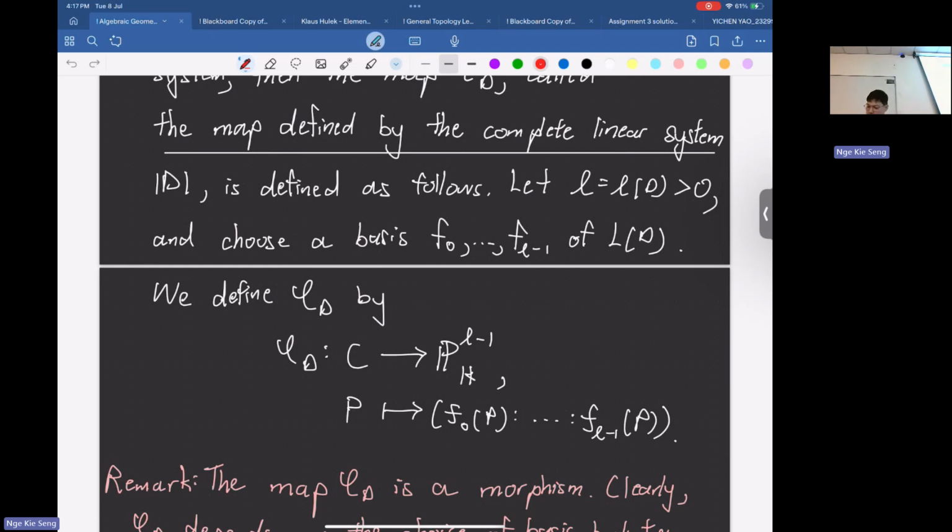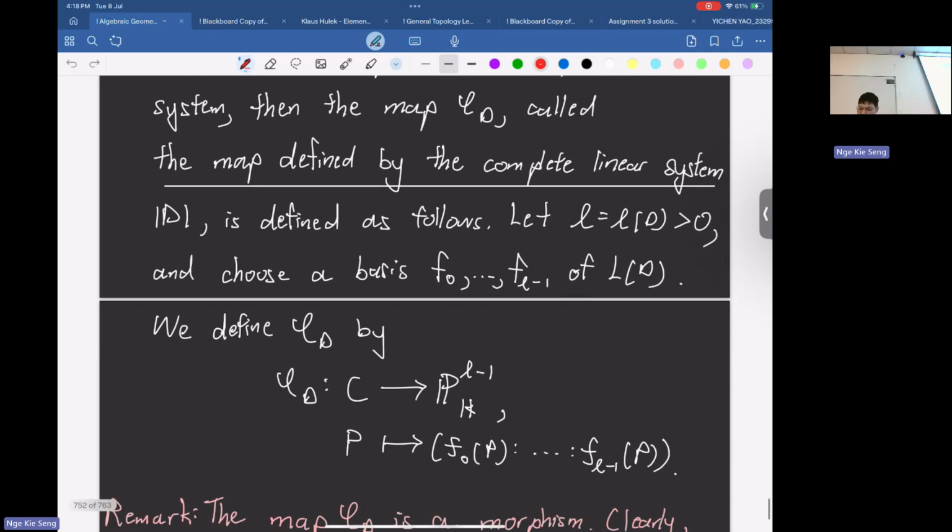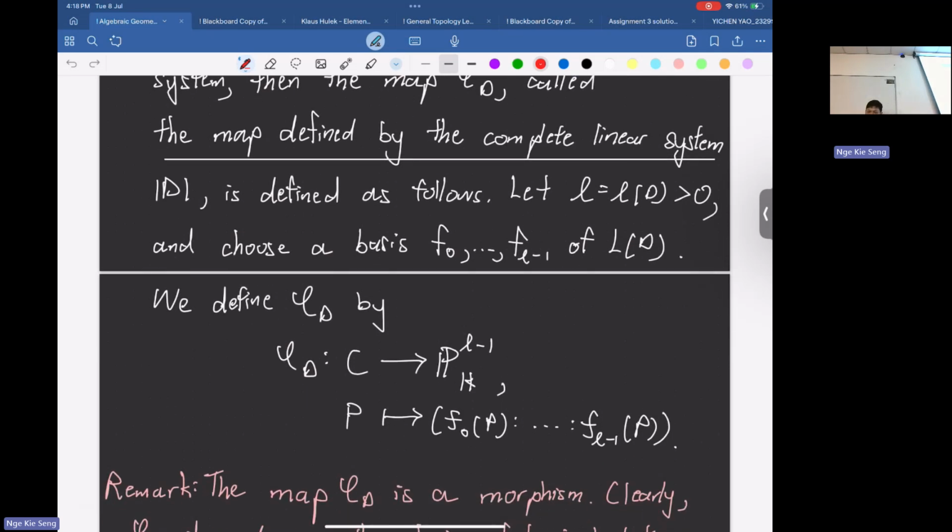It's defined as follows. Let l(D), the dimension of L(D), be greater than 0. Then we just pick a basis from here because it's a vector space. Then this will define a map from the curve C that we have the divisor on to the projective space P^(l-1).